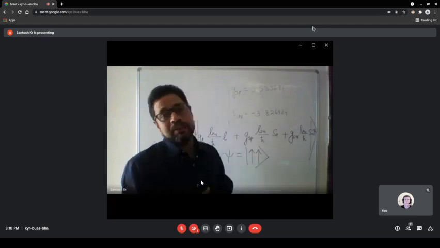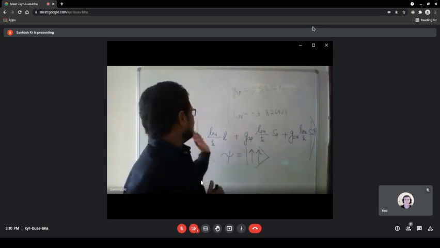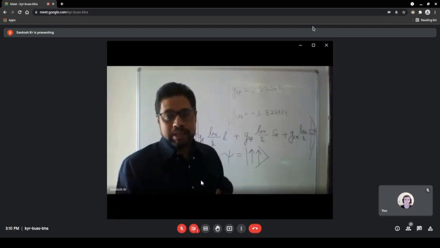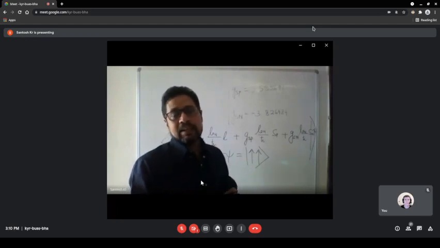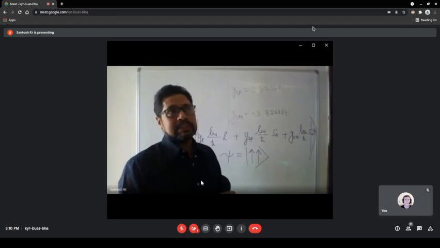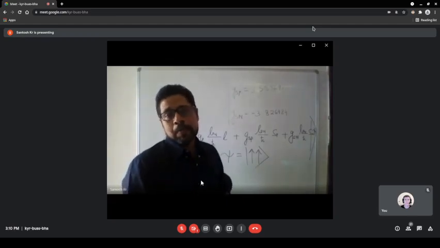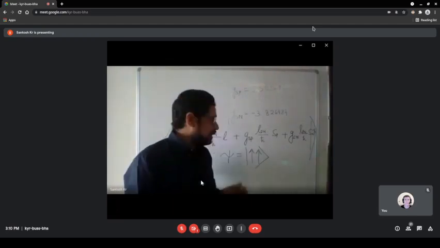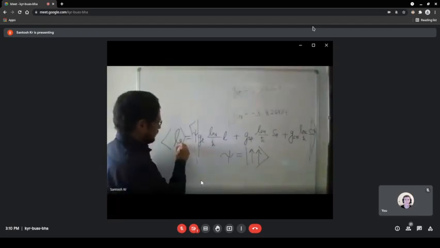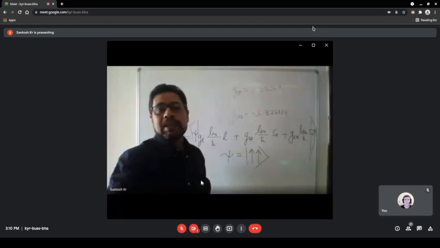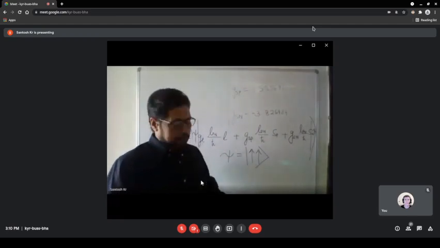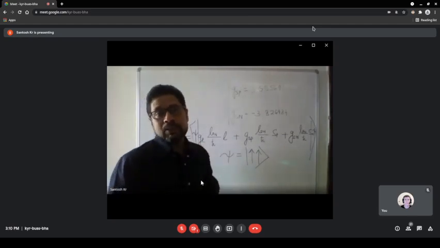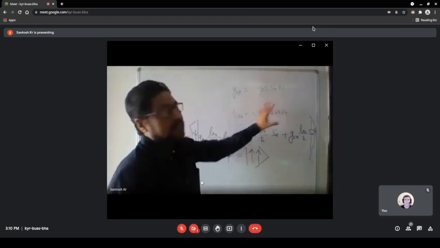This wave function I will use to calculate the magnetic moment that is experimentally observed. So you can write mu J. This is the experimental value, and the expectation value of the magnetic moment is what we will calculate.